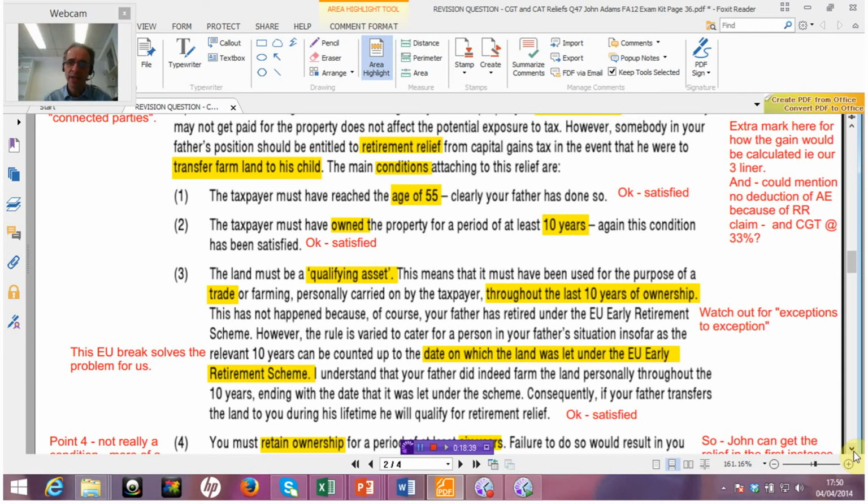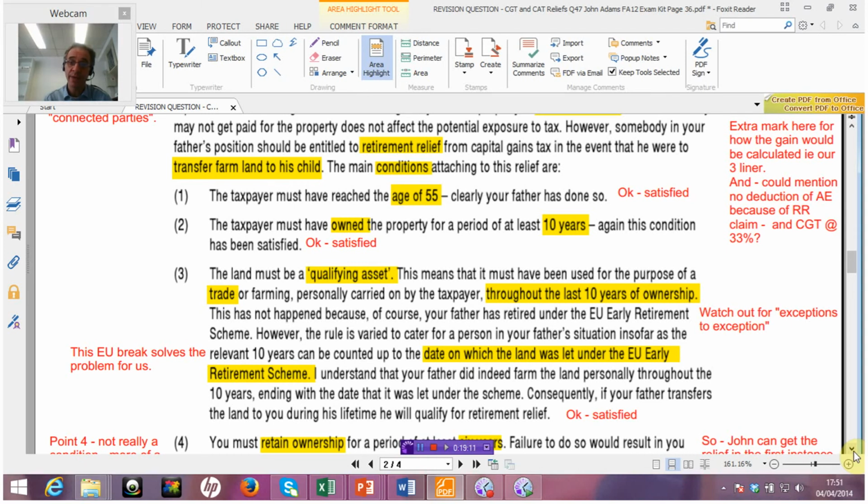So what I'd said, and what I say on the right hand side here, is just watching out for exceptions to rules. And in this case, the EU early retirement scheme allows us to take that 10-year period up to the date at which the property or the farm was let. So it's a get out for this trading period up to the point at which the transfer takes place.